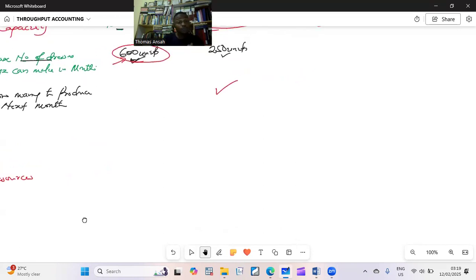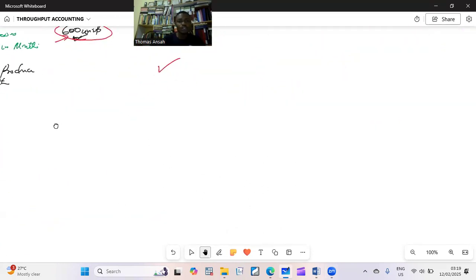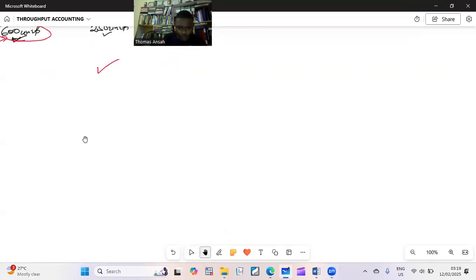For throughput, you need to go through some conceptualization. I'm going to deal with three broad concepts, and one of them is just-in-time, from which we can have our bottleneck explained.